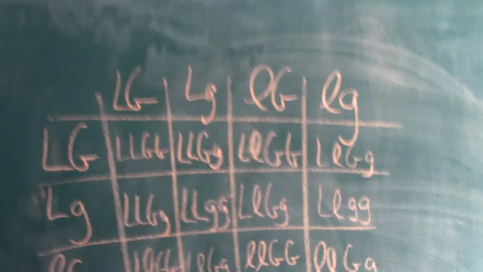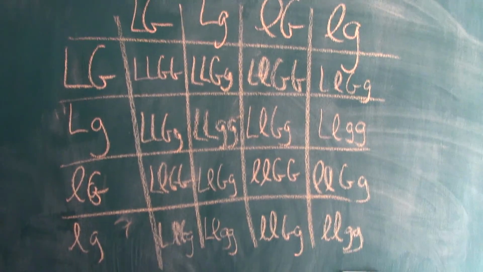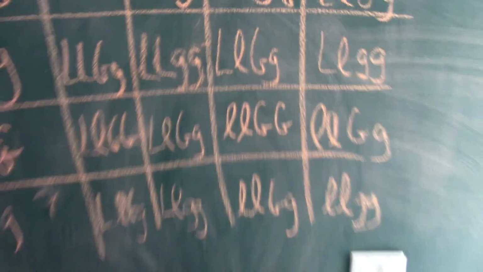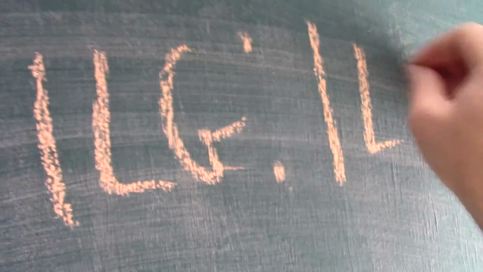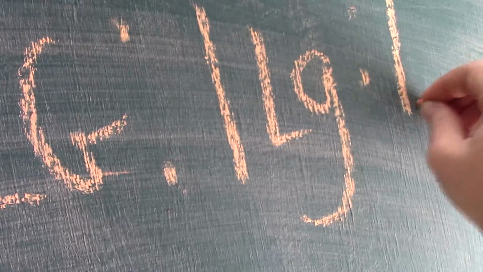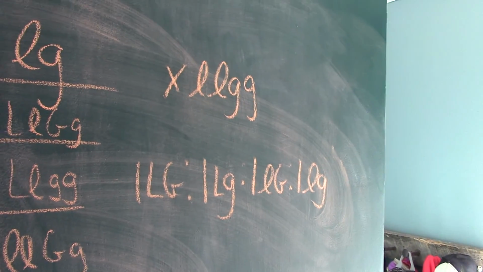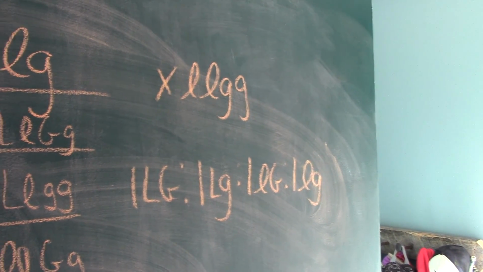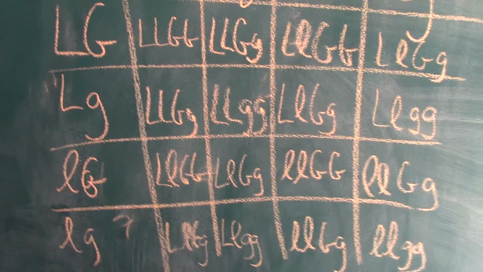The question is asking if one of these offspring is crossed with a test cross. So I'm going to take one of these offspring and cross it with a test cross. Which one gives you this 1 big L big G to 1 big G little g to 1 little l big G to 1 little l little g? Which one of these would give that to you?